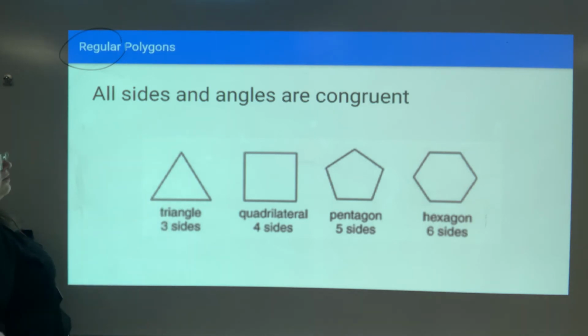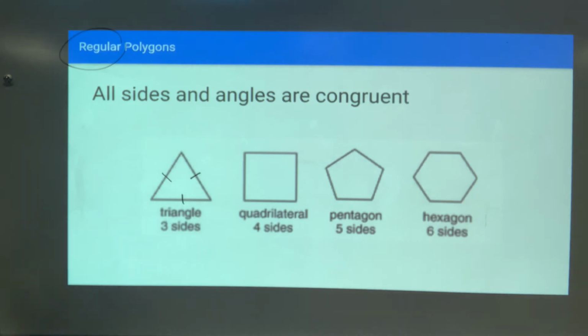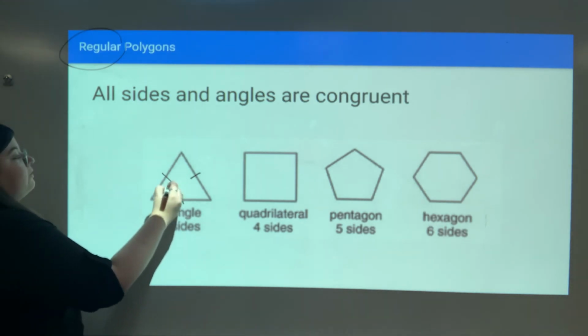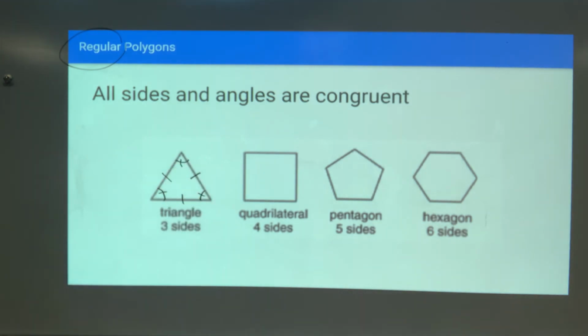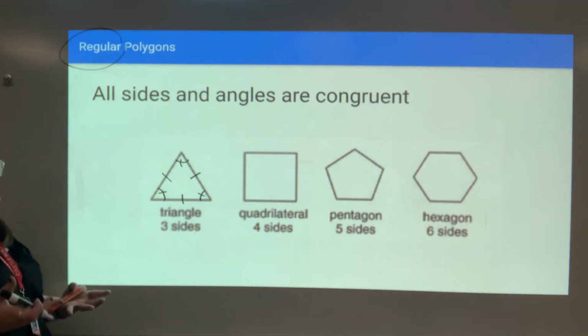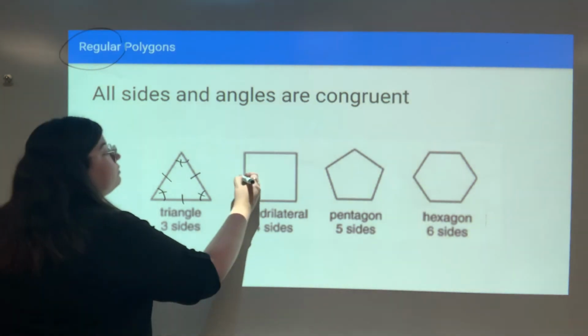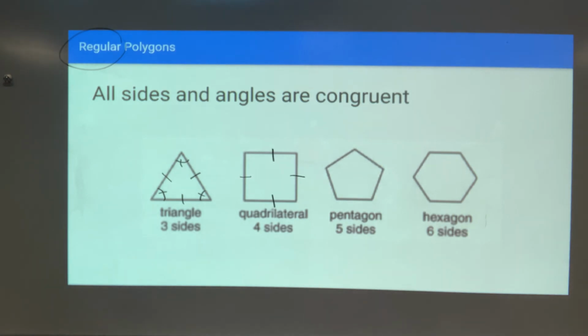So in my triangle here, that means that I could go through and mark all of my sides being congruent with a little slash. I could go through and mark all of my angles being congruent with a little slash like that, all right? So that would be a regular triangle. And more specifically, it's an equilateral triangle if you've heard that word before. If I want to mark this as a regular quadrilateral, go through, mark your sides being congruent.